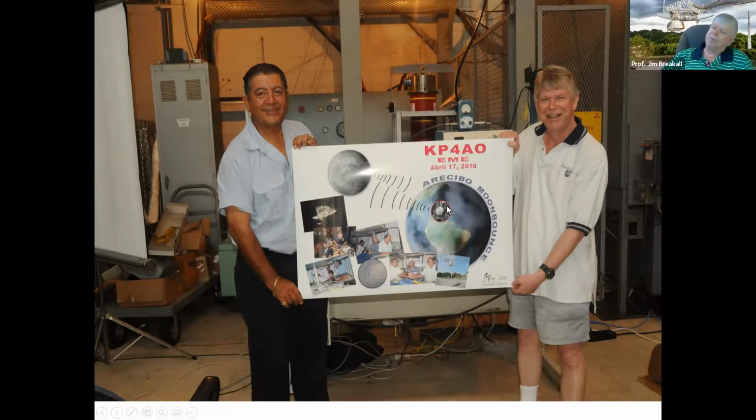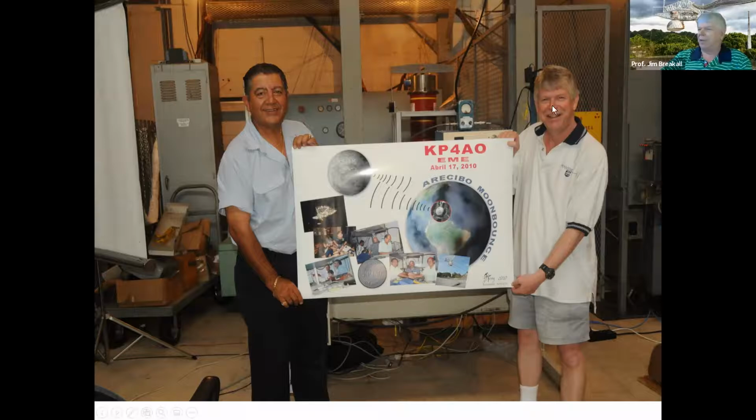And then you can communicate with other people by what's called Earth-Moon-Earth path, or moon bounce. And with Arecibo, it's so easy because the antenna is so big that the signals are so strong, and anybody around the world that has a very minor antenna could communicate with us.